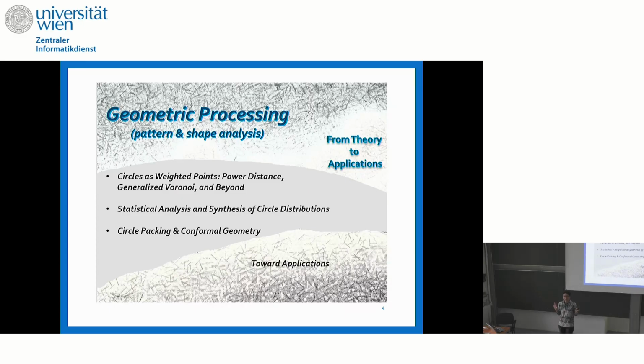It's why we are not at the circle packing scenario yet. But I would like to mention how interesting these analysis questions are, and later the synthesis part that would be linked to it.